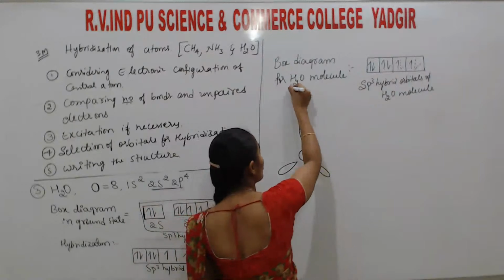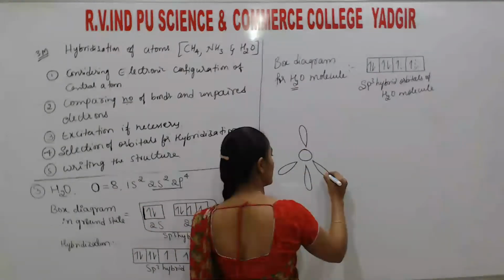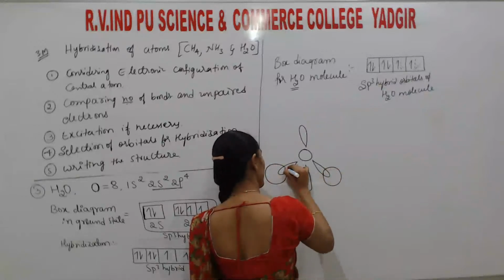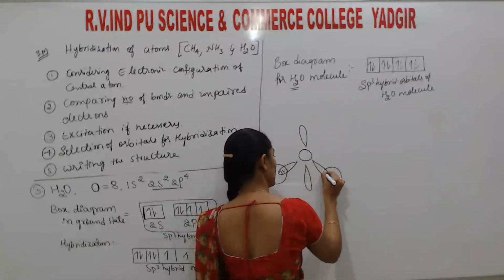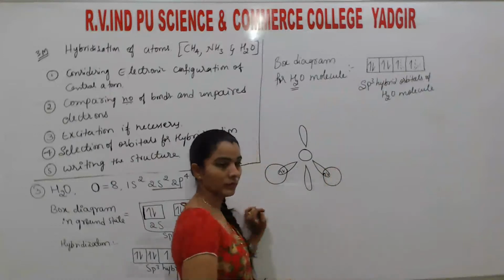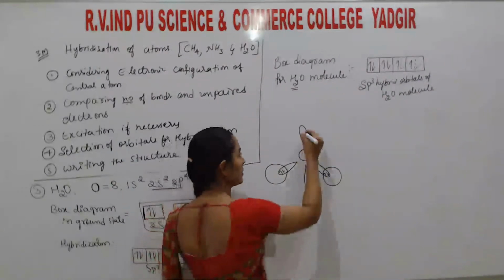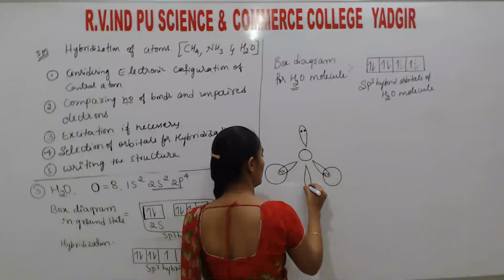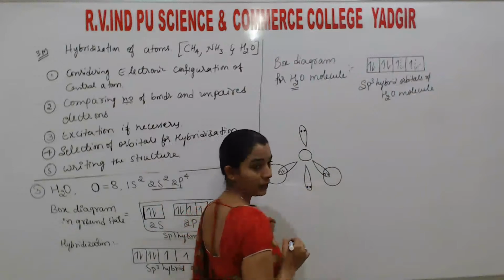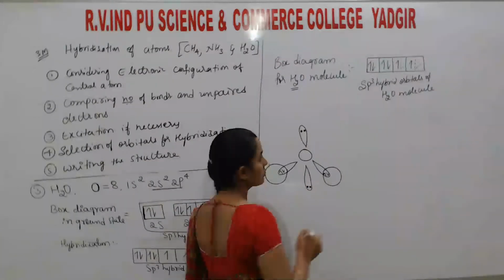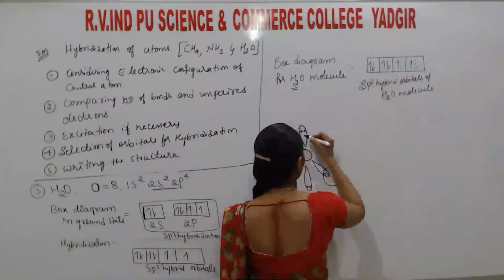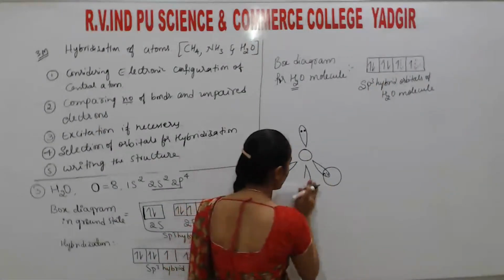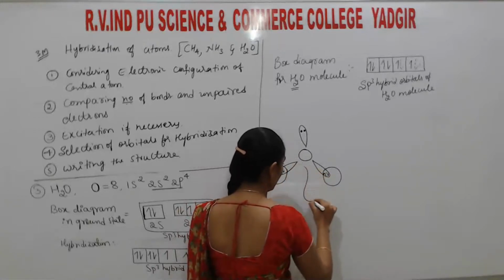In two of them are bond pairs, meaning hydrogen atoms bonded here like this. One lone pair here, another lone pair here. Students, why? Because 1 and 2 are unpaired electrons here. So I just write it this way.